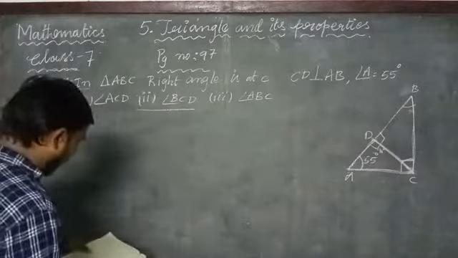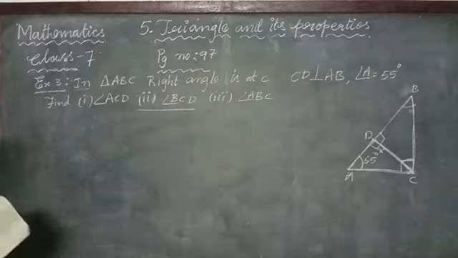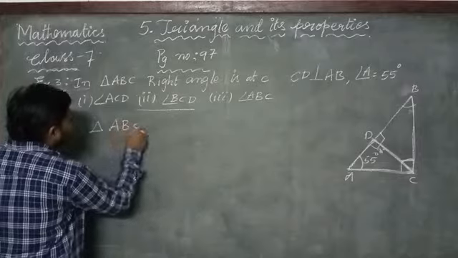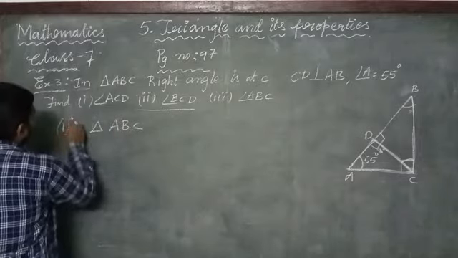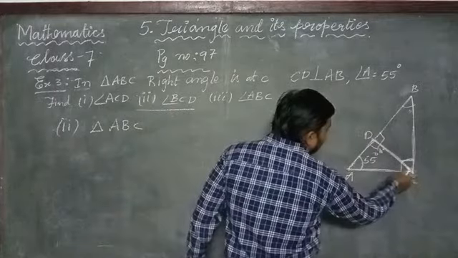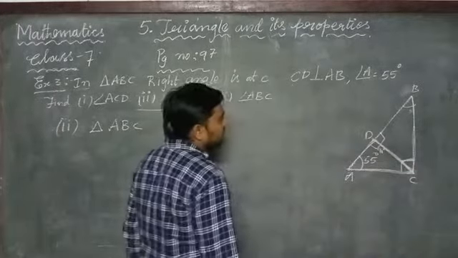Here in triangle ABC, the second bit, in triangle ABC, the C is having two angles.